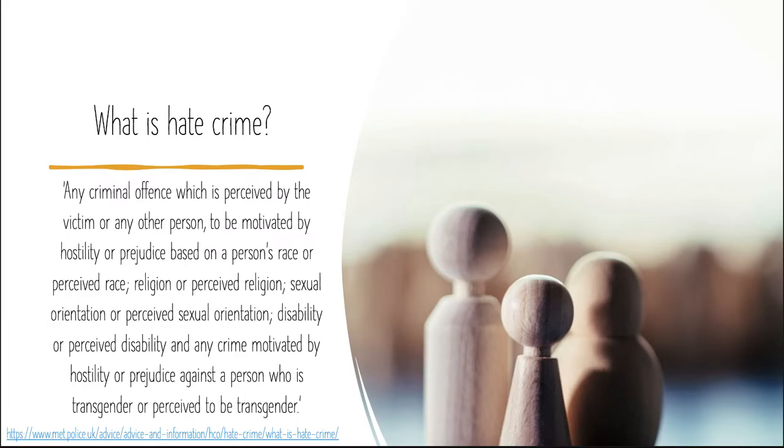So, what do we mean by hate crime? Well, the definition on the screen highlights how hate crime is really any criminal offence which is motivated by a person's actual or perceived identity, and that identity could be related to race, religion, sexual orientation, or disability.